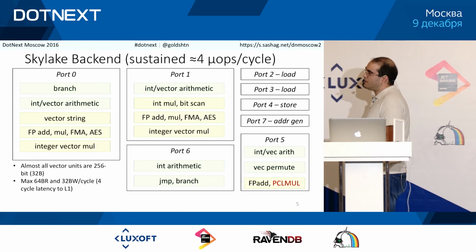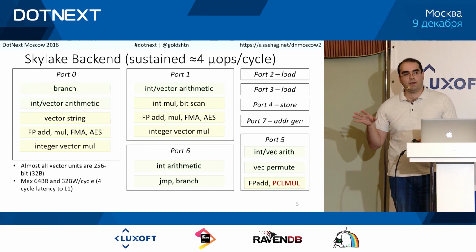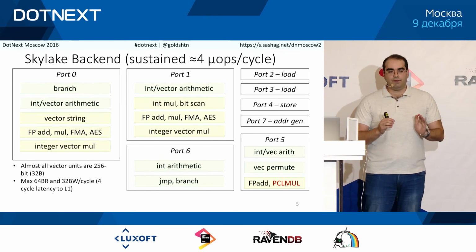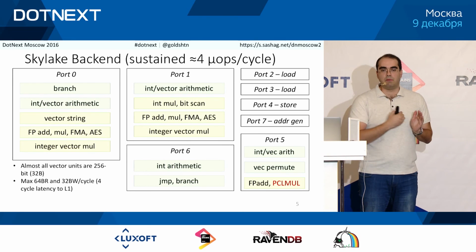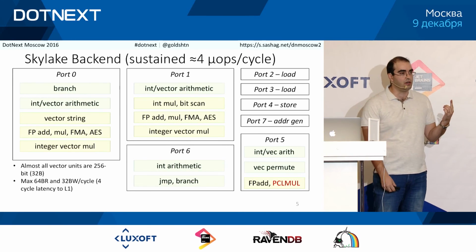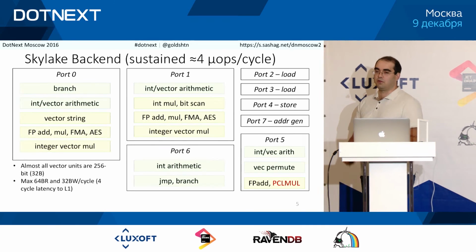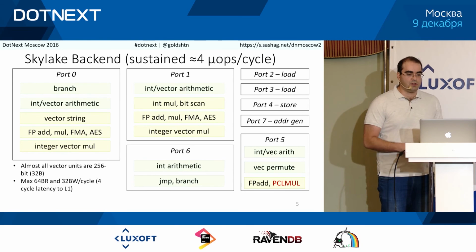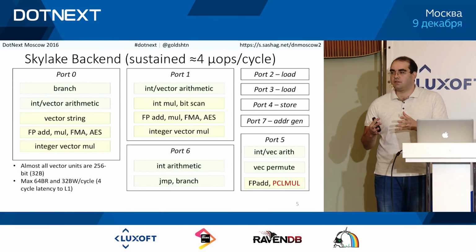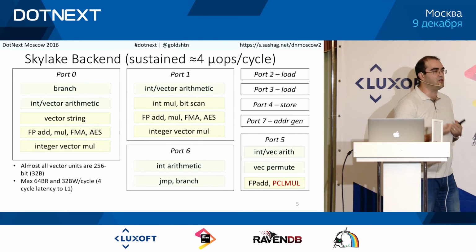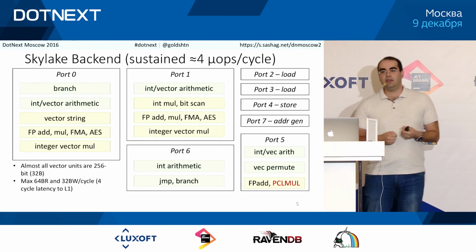And so, like I said, the Skylake backend specifically can do about 4 ops per cycle if you keep putting in the right mix of instructions. And this is pretty important, because this is just one core, and you have many of these cores, and in each core you also have vector units. And of course, you can have multiple processors, each having multiple cores. So there's a lot of stuff that can be going on in parallel in your CPU.